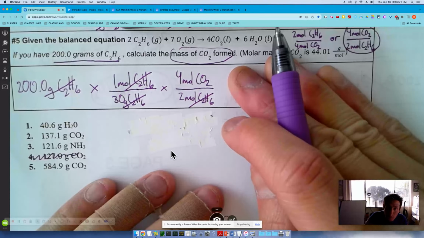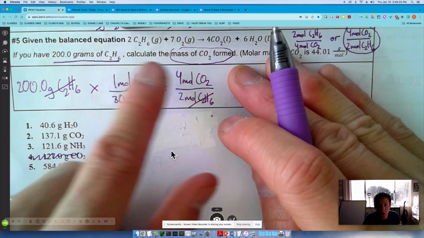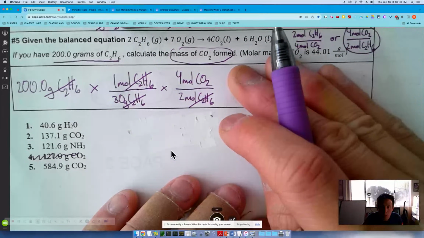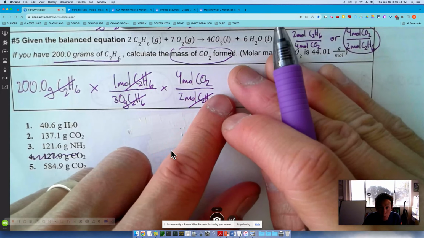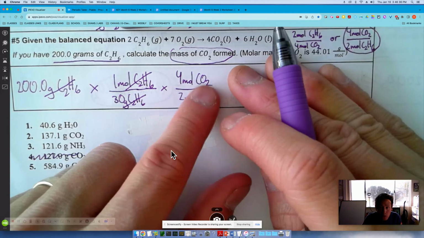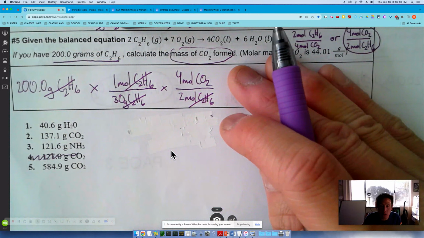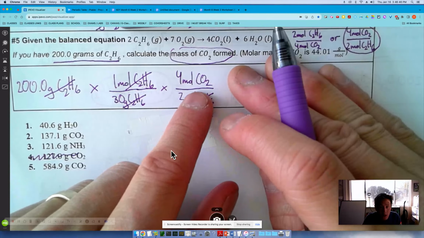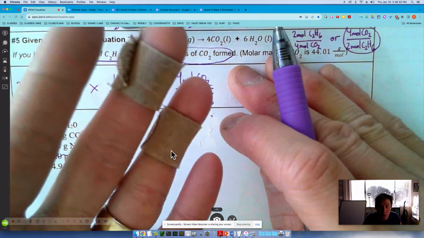If I stopped and did all this computation here, 200 times 1 times 4 divided by 30 divided by 2, I'd get a final answer, I don't know what it is, but it would be a number with the unit of moles of CO2. Let's just pretend it's 10 moles of CO2. That's great. But remember, I want to see how much that weighs in mass. If I stopped here, I'd only get, hypothetically, 10 moles of CO2.